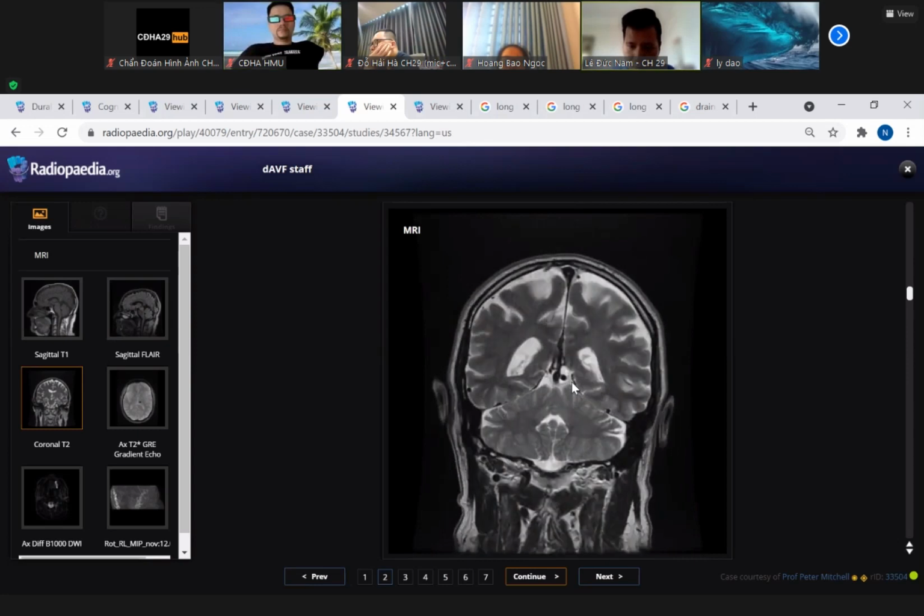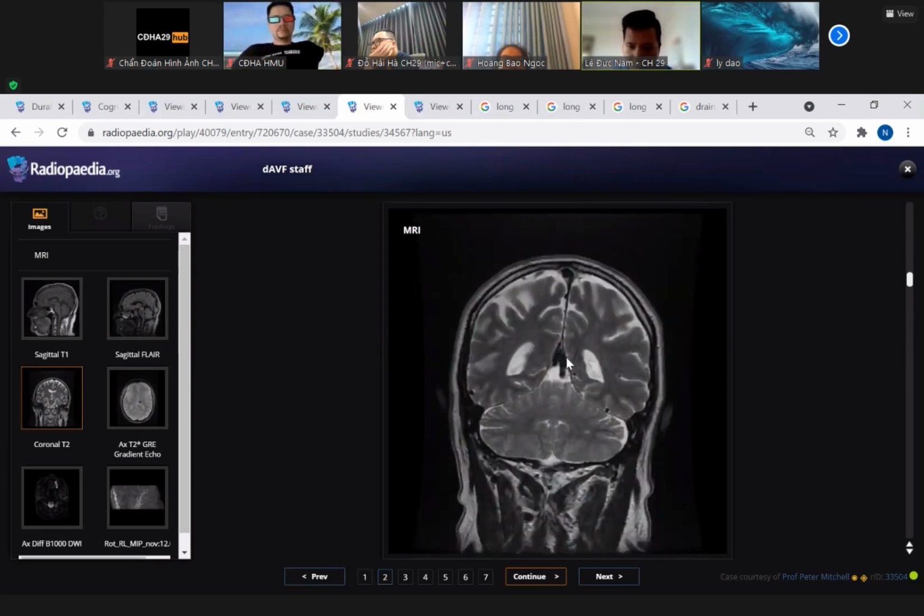And I suggest dilation of the inferior sinus vein.